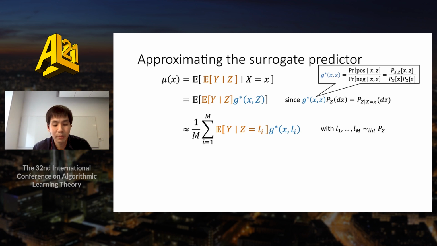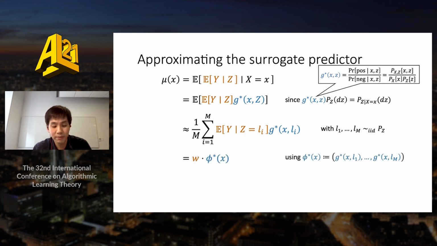Next, we approximate the expectation via Monte Carlo. Assuming that the landmarks are drawn IID from the marginal distribution of z, this expectation is approximately equal to a sample average, where each of the terms in the average involves an evaluation of g star at x paired with one of the landmarks.